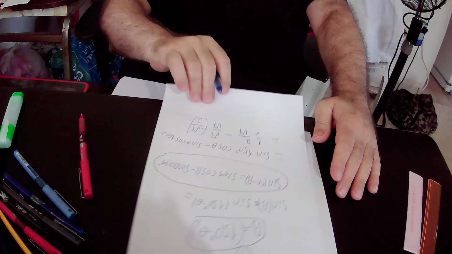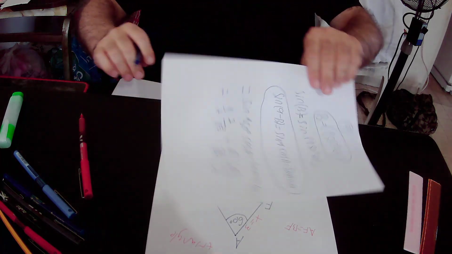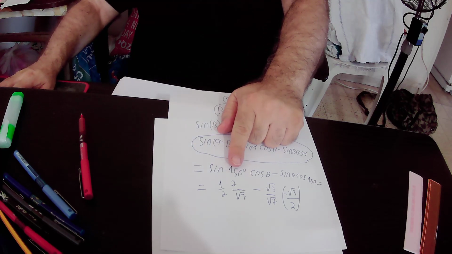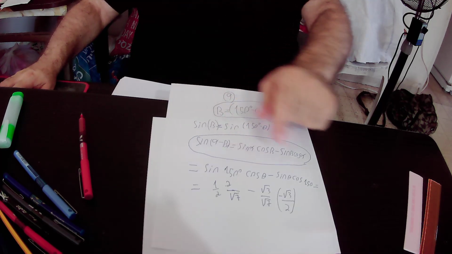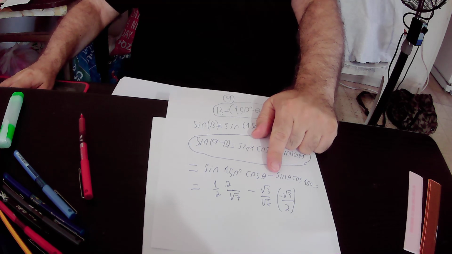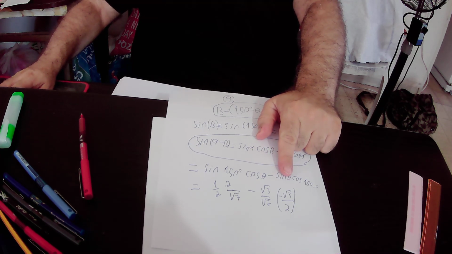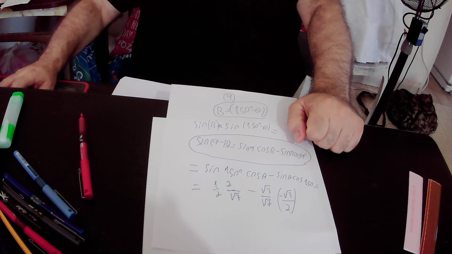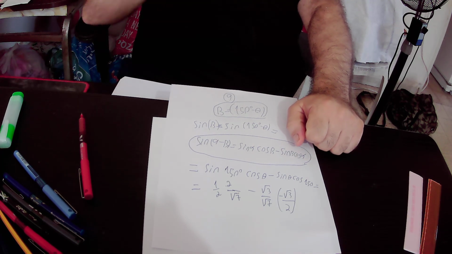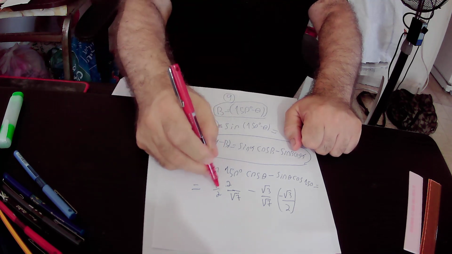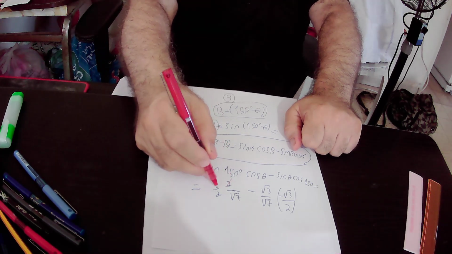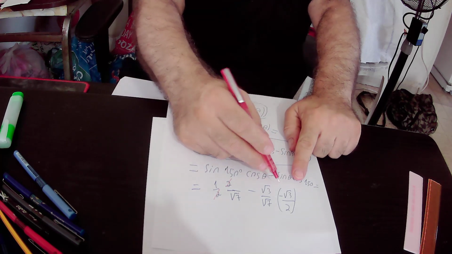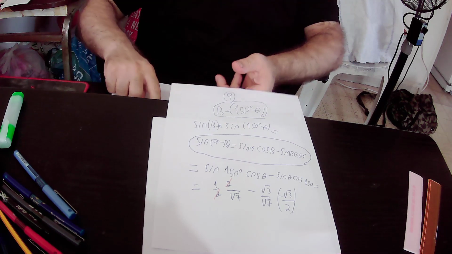Okay, so in total we got 1 over 2 times 2 over root 7 minus root of 3 over root of 7 times minus root of 3 over 2. Here 2 over 2 is 1, so the 2 is cancelled, and root of 3 times root of 3 equals 3, so we write it down.